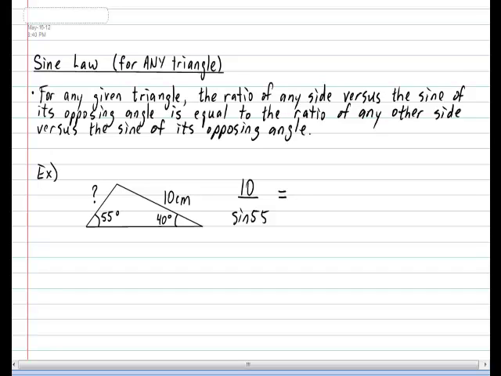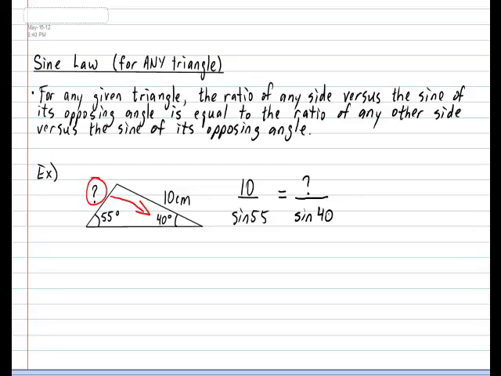We're going to take the missing side, our question mark, and form the ratio of that side versus the sine of its opposing angle. Let's get that down. So we have question mark over the sine of its opposing angle. And this is how the sine law works. Let's review the statement one more time.